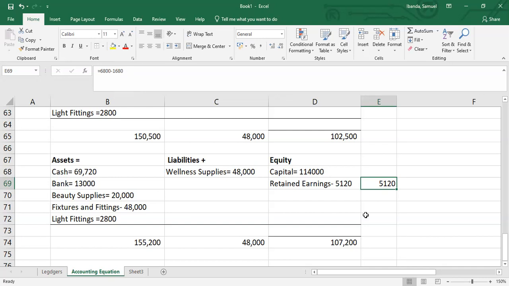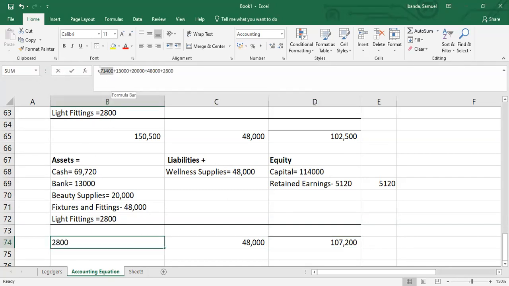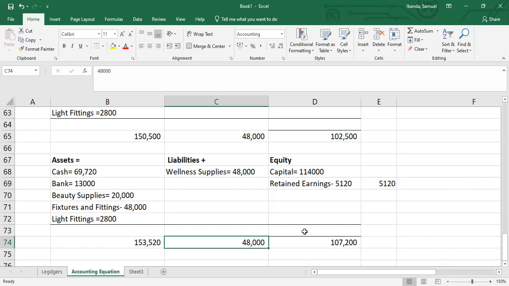So when we make adjustments here, instead of cash being at 71,400, it will be 69,720 plus 13,000 plus 20,000 plus 48 plus that. The 48,000 here will remain the same.